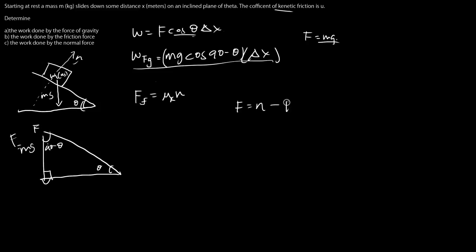This angle is the same as this angle, so N equals mg cosine theta. Plugging this in, the force of friction is u times mg cosine theta.